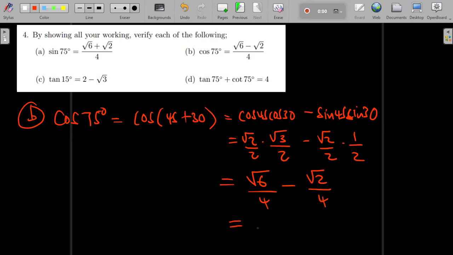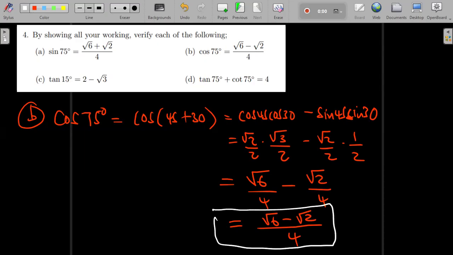So we have the common denominator there. It means our answer will just be 4, and then we have the root of 6 minus the root of 2 there. So we have proved that cos 75 degrees is just the root of 6 minus the root of 2 divided by 4. All right, so let's do C now.